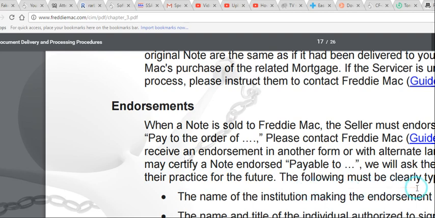The following must be clearly typed and printed: the name and instructions, or name of the institution making the endorsement, the seller or endorser, and the name and title of the individual authorized to sign. That's you. Document custodians cannot act as attorney-in-fact agents or designees pursuant to the power of attorney to endorse notes for the seller.